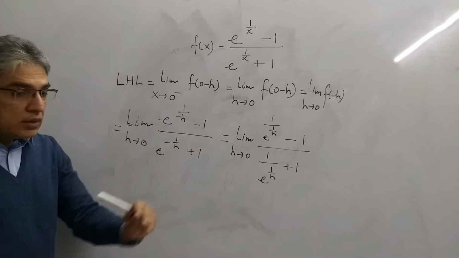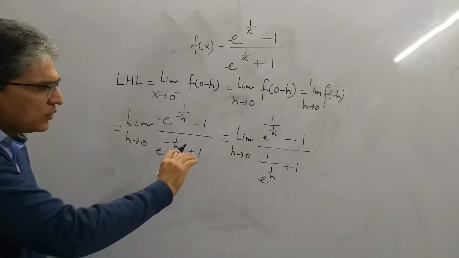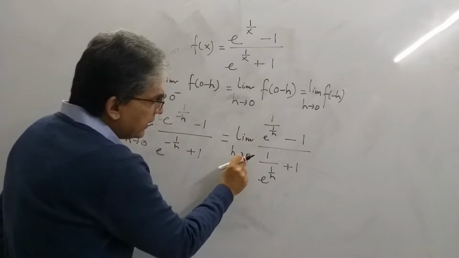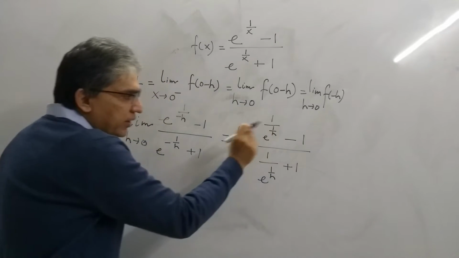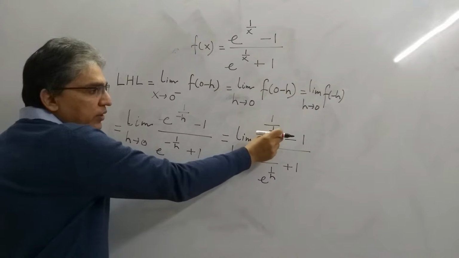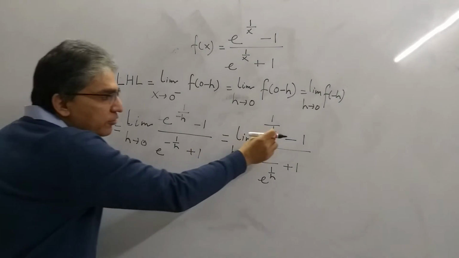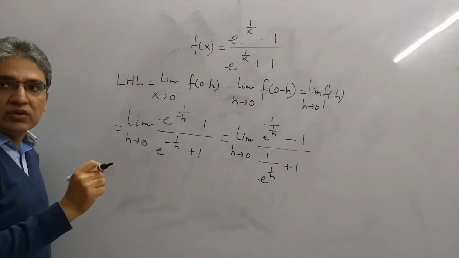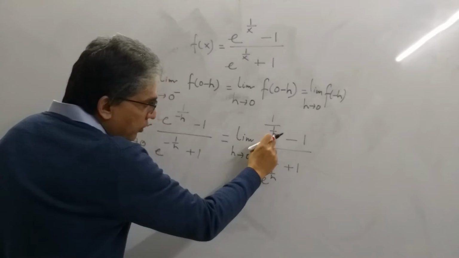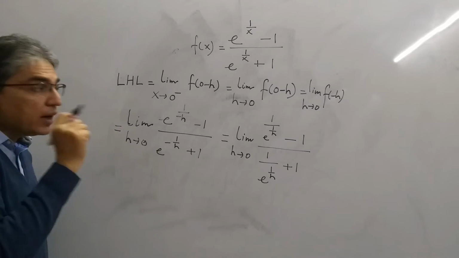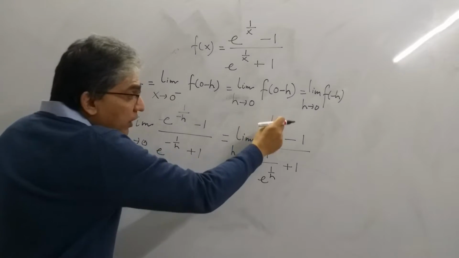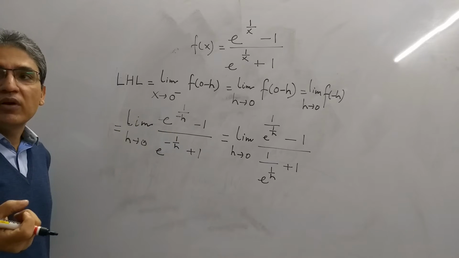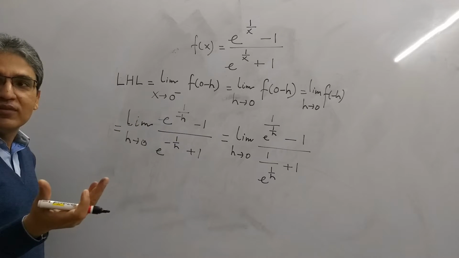Now, there is some arguing here. h goes to 0. So h becomes extremely small. 1 upon h becomes extremely large. So 1 upon extremely large becomes extremely small. I mean, that becomes 0.